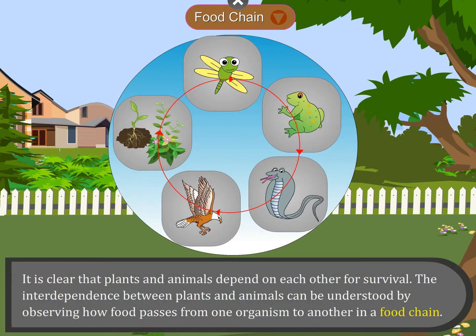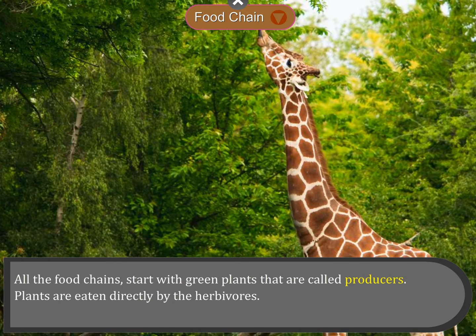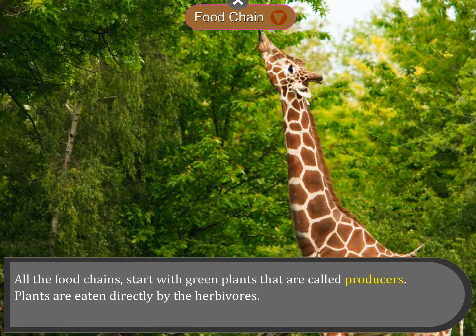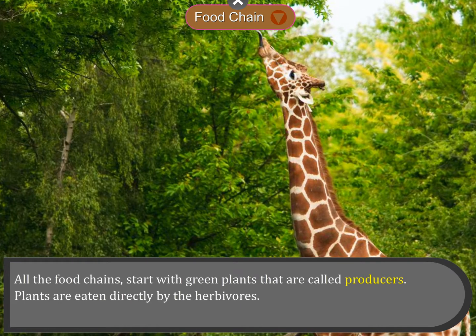Food chain. It is clear that plants and animals depend on each other for survival. The interdependence between plants and animals can be understood by observing how food passes from one organism to another in a food chain. All the food chains start with green plants that are called producers.